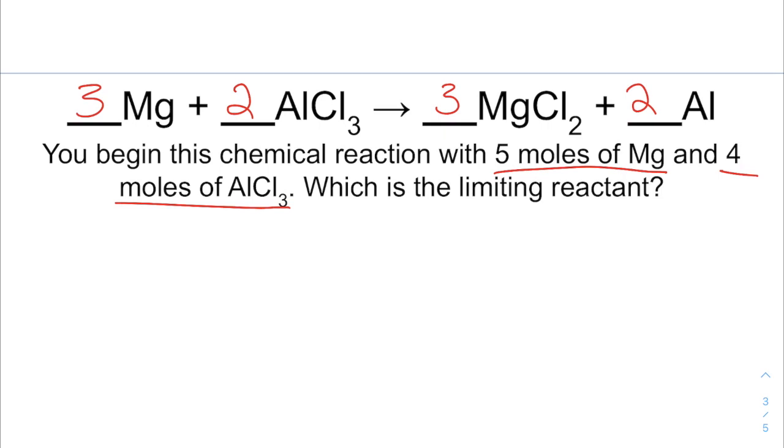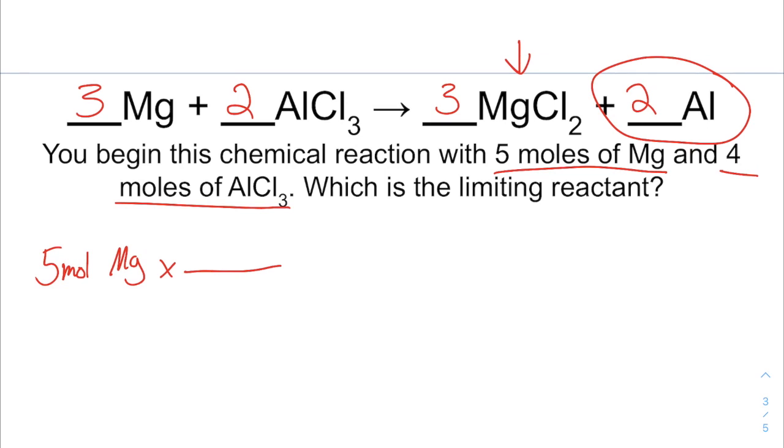So we're going to start by doing 5 moles of Mg, and we're going to figure out how many moles of one of our products can be made. I'm going to pick Al just because, but you also could do this with MgCl2 as well. It does not really matter. So I'm going to use a mole ratio because I'm going to go from moles of magnesium to moles of aluminum.